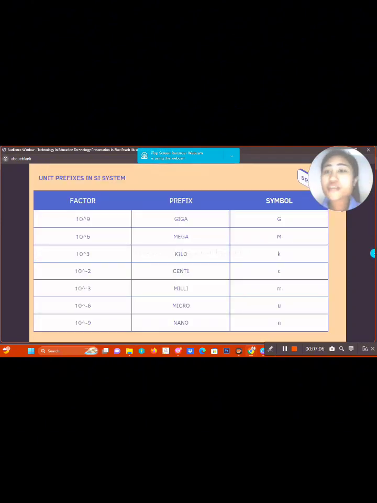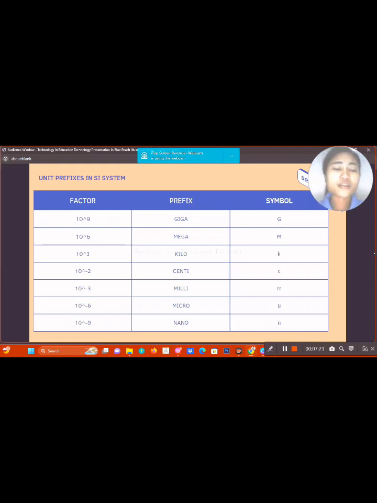We also have here the unit prefixes in the International System of Units. We have here the factor, the prefix, and the symbol. The factor is something that we write in a particular equation.